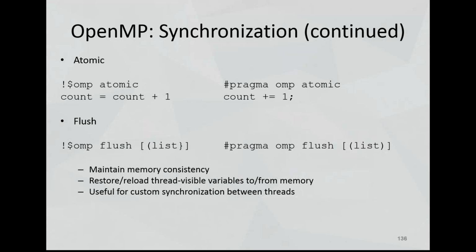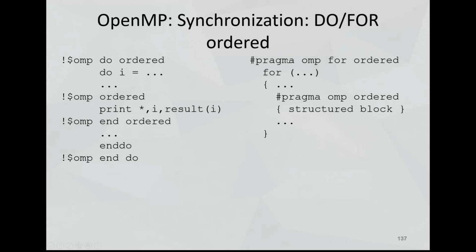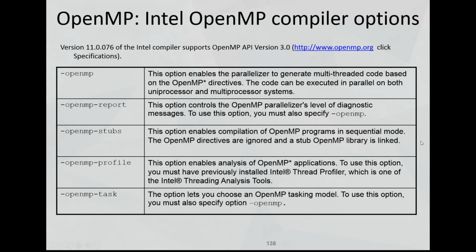So generally, when we compile, we're not going to have any problems with not releasing memory, etc. But if we do use synchronization variables or locks, we can find that our code can be much faster. It's just more difficult to ensure that problems like deadlocks never occur. And we can actually end up with deadlocks. So synchronization, do for ordered, something to take a bit of a look at there, and some of the different options.